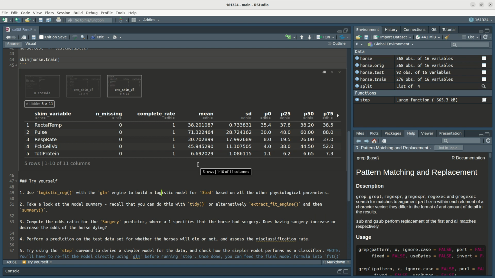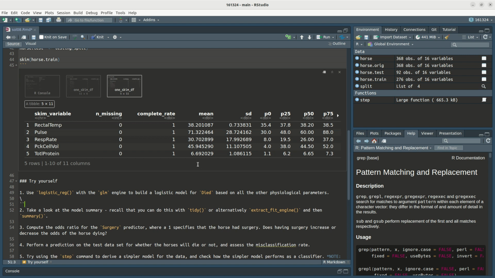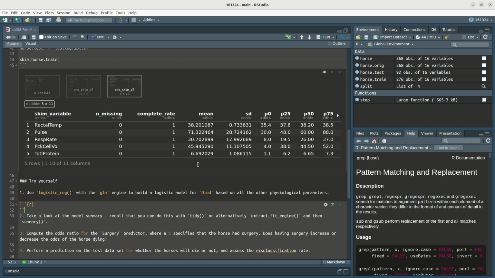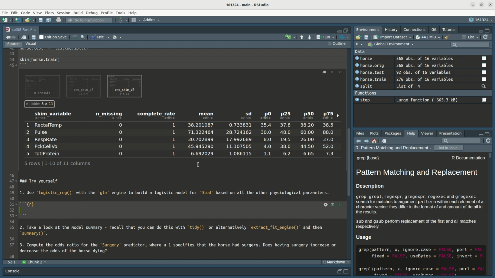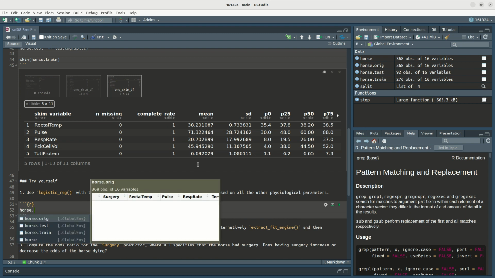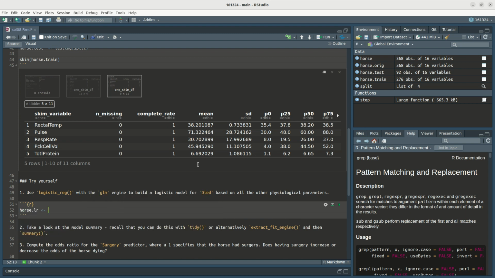So we're going to use logistic regression. We could build our model. So we're going to use a logistic regression with the GLM engine, which is the default.